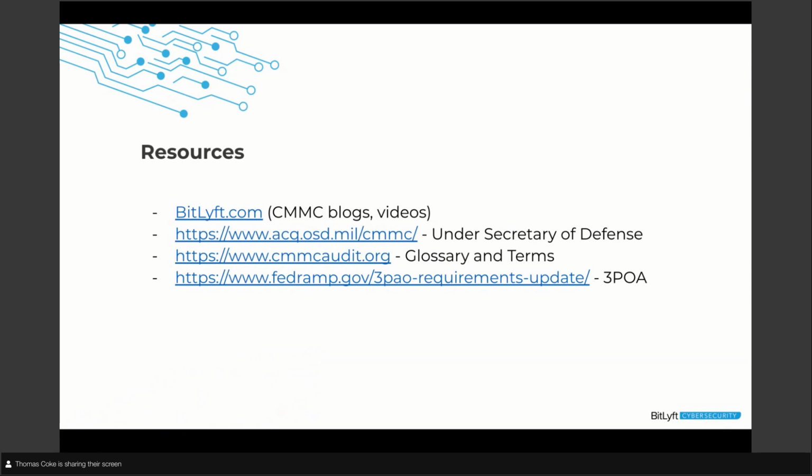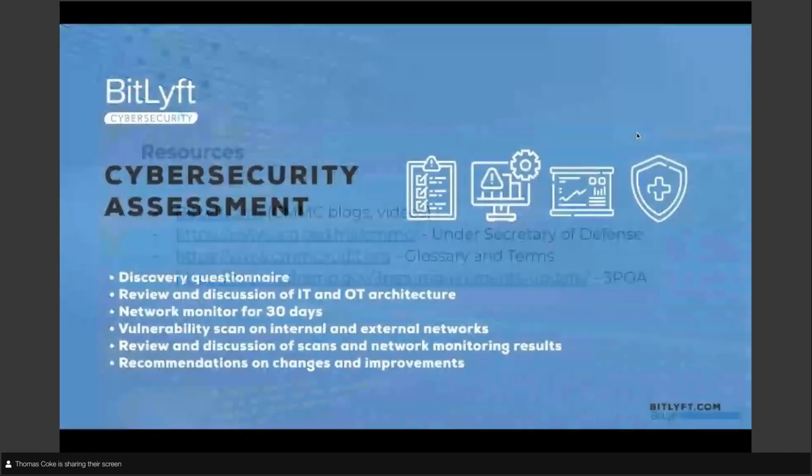If you don't, it's a good place to learn what those mean. And I'll tell you, not that I'm an expert in cybersecurity, but every day I come across a new acronym or something that I'm like, what in the world does that mean? And I go look it up. And then, of course, you can look at the FedRAMP requirements for who the 3PAOs are going to be and what's going on today. And we think that a lot of those requirements will be the same. Obviously, that's a big assumption, but we want to have it out there as something to do.